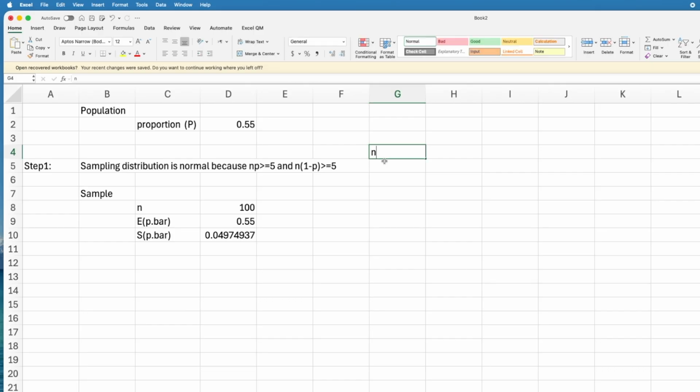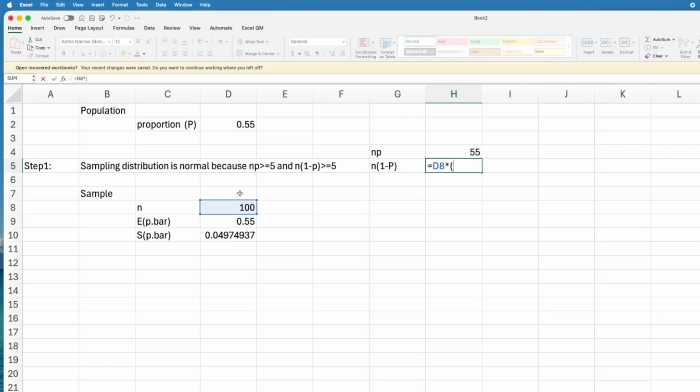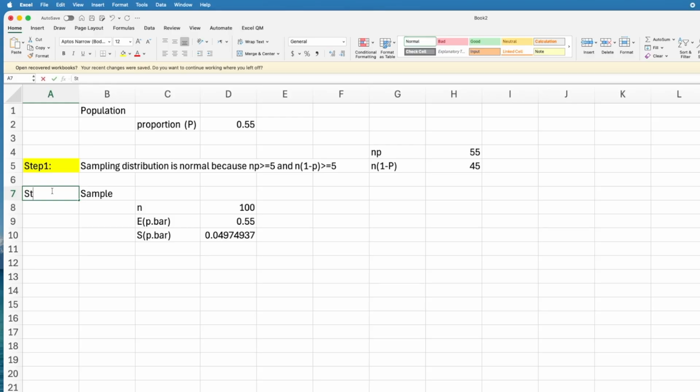So np is equal to n multiplied by p, which is 55 and more than 5, and n times 1 minus p is equal to 100 multiplied by 1 minus p, that's 45. Both numbers are more than 5, therefore the sampling distribution is normal. Step 2, update the sample features, which we already did.